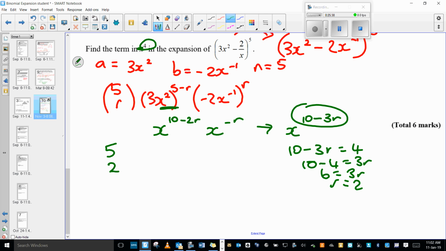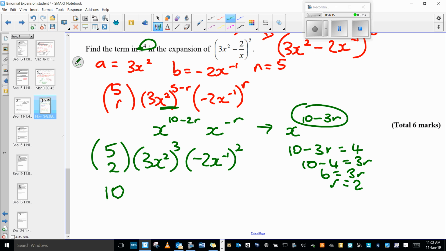Then we go back in here, and that's what we're finding. So we've got 3x squared to the power 3, and negative 2x to the negative 1 to the power 2. Looking at the letters is just confirming or denying whether you've done it right. Really, you should just be able to focus on the coefficients, but it's up to you. So 5 choose 0 I know would be 1, 5 choose 1 would be 5, and the next number, do you remember the 5 row? It's 10. So this value is 10. I need 3 cubed, so that's 27.